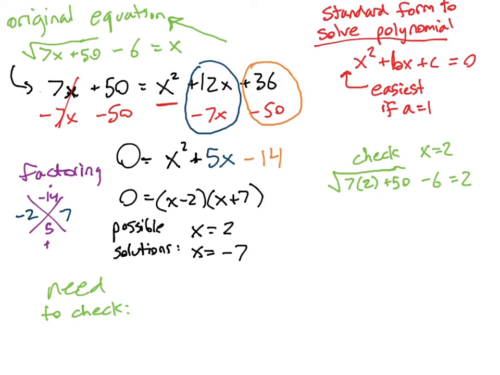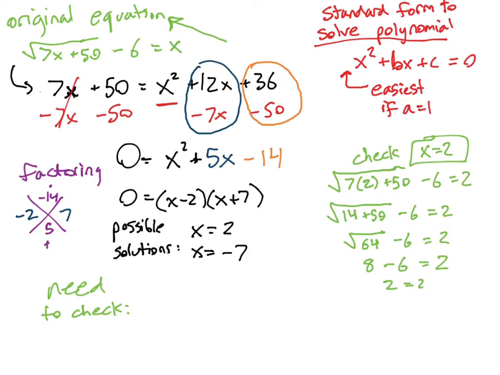So underneath our square root, we have 7 times 2 is 14 plus 50. 14 plus 50 gives us 64. And if we take the principal square root of 64, we get 8. And 8 minus 6 does equal 2. That is true. So x equals 2 is a valid solution to this radical equation.